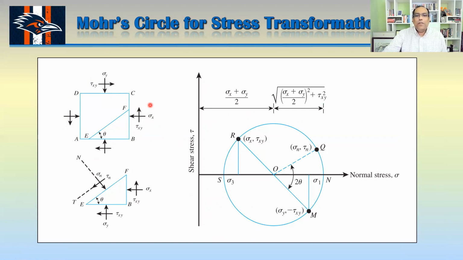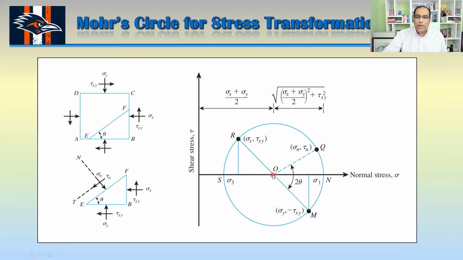First we have to find the location of the center, which is (sigma x plus sigma y) by 2, 0. Now we have to find the radius, which is the square root of ((sigma x minus sigma y) by 2) squared plus tau xy squared.